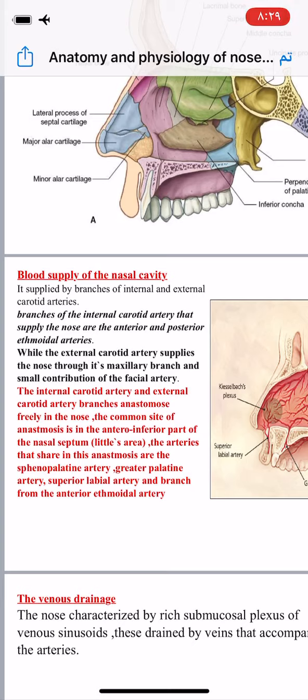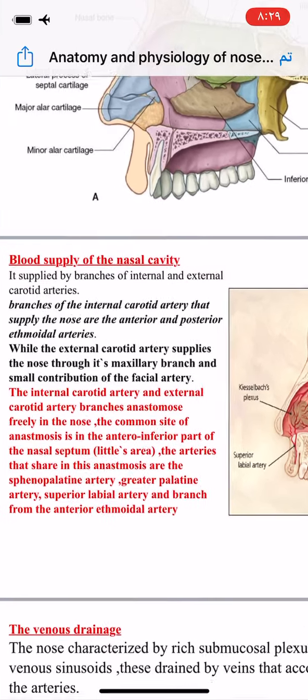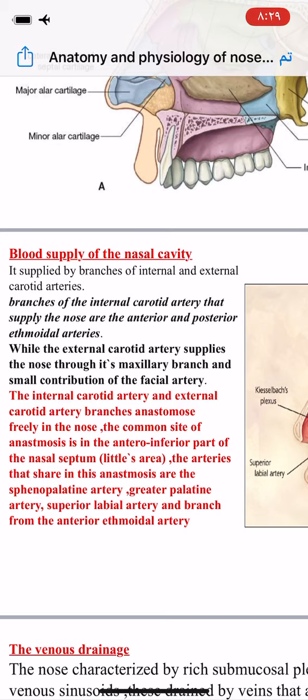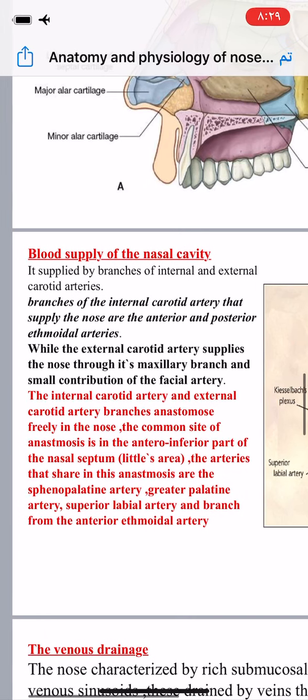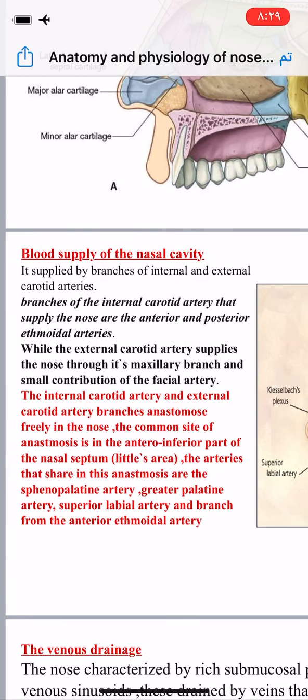The branches of the internal carotid arteries supply the area above, or the area that lies anterior, through the anterior and posterior ethmoidal arteries, whereas the external carotid artery supplies the nose through its maxillary branch and the contribution of the facial artery.